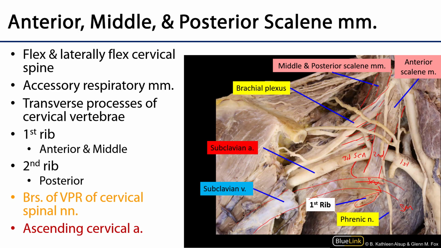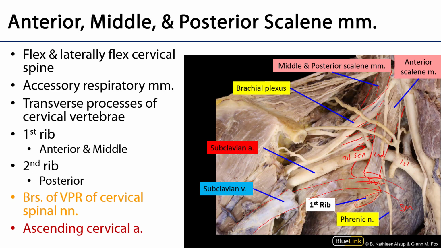In the case of the anterior scalene, it inserts on the first rib, in between the subclavian vein and subclavian artery. The middle scalene is also going to insert on that first rib behind the subclavian artery. And the posterior scalene inserts on the second rib.